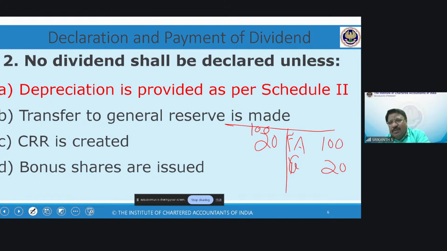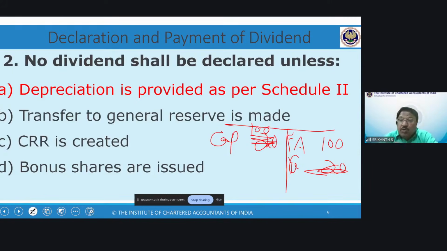Then the P&L account would be closed. So at the end of every year, this 20 will go. At the end of, say, 5 years, the balance sheet will look exactly like this: 100 rupees capital, net worth, 100 rupees fixed assets. But 5 years later, if the company is wound up, what will happen?